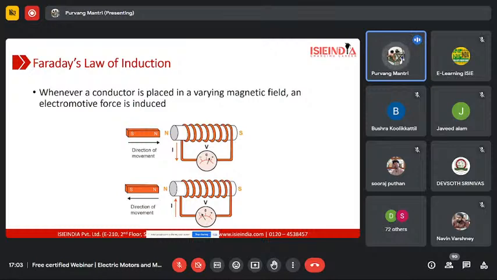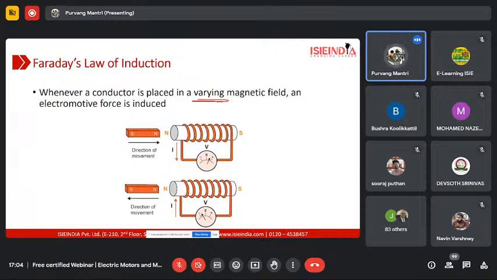Faraday's law of induction states that whenever a conductor is placed in a varying magnetic field, please mark this word, varying magnetic field, it induces an electromotive force within that conductor, and it produces an electric current. This law plays an important role in various electrical machines like transformers, motors and generators, and it is the base for every electric motor to function.